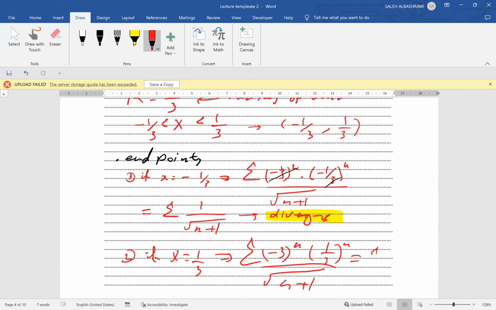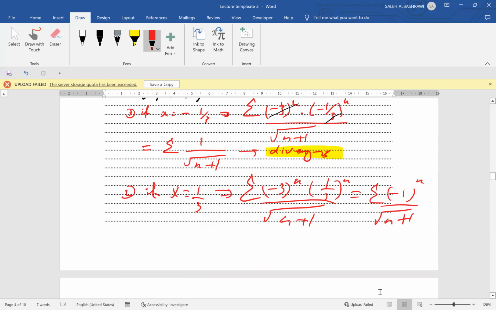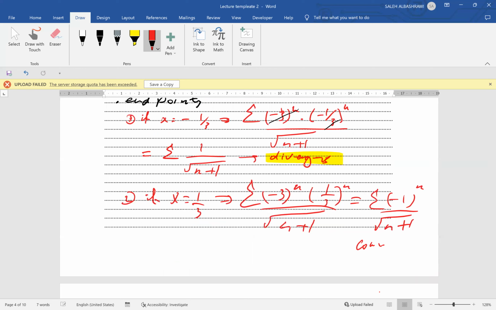This is equal to the sigma of (minus 1) to the power n divided by the square root of n plus 1. But this one, by the alternating series test, is convergent. So it means the interval of convergence now will be open at minus 1/3 and closed at positive 1/3. So this is the interval of convergence.